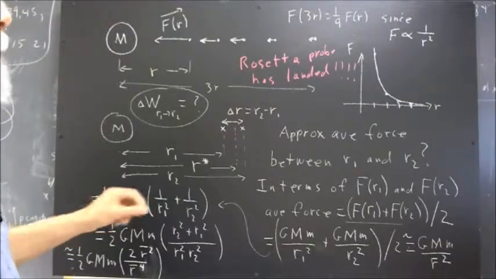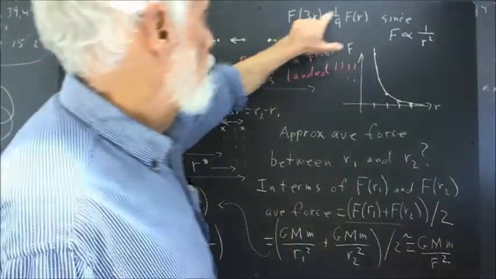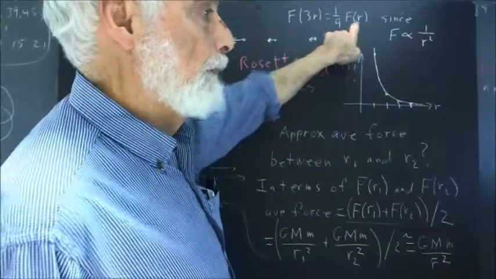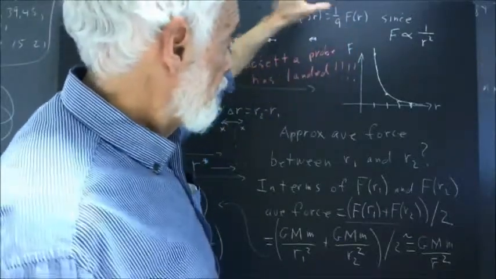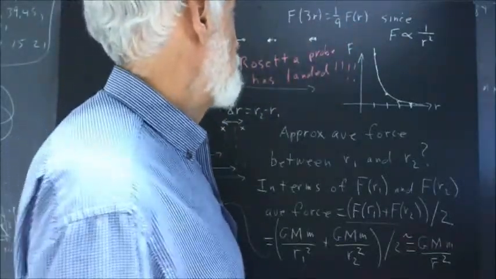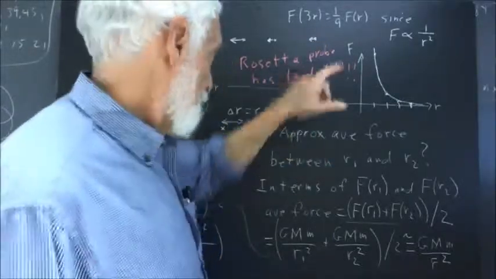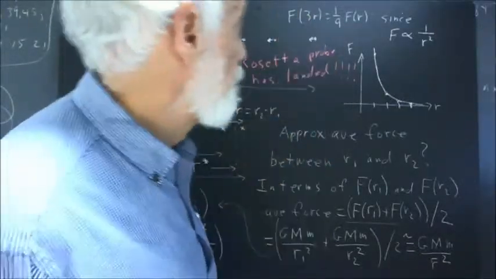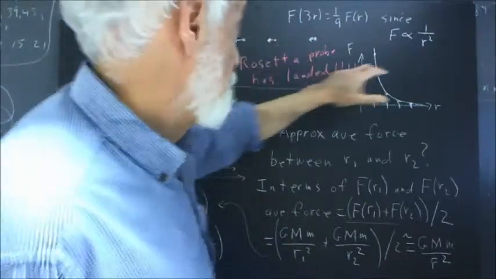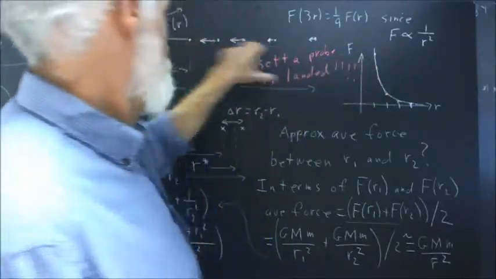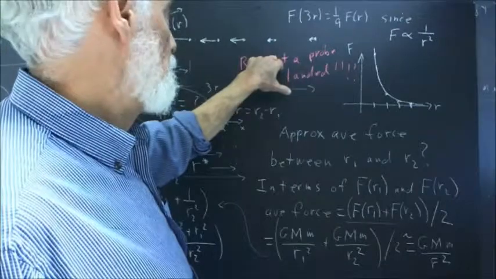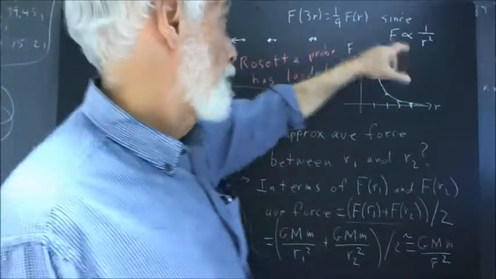The point is that F of 3r should be 1/9 of F of r, and that would be 11.1%. So anything in the 10% area would be good. I have a feeling some people actually calculated that when they drew the vectors, and that's very good.